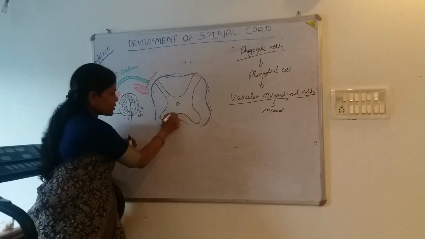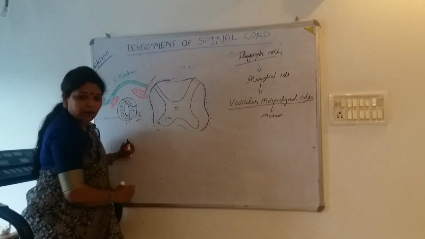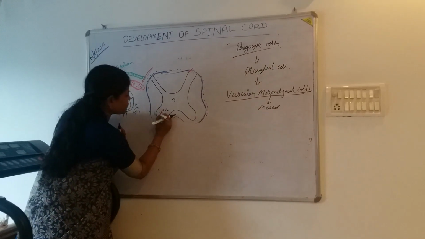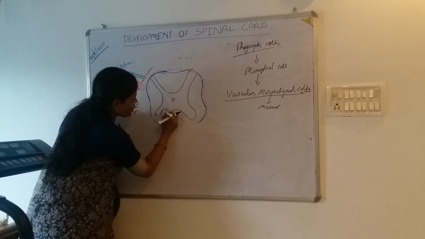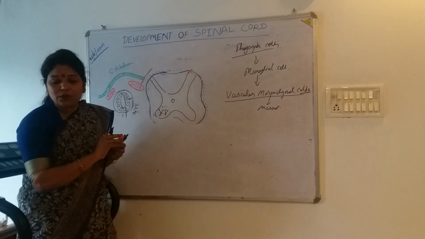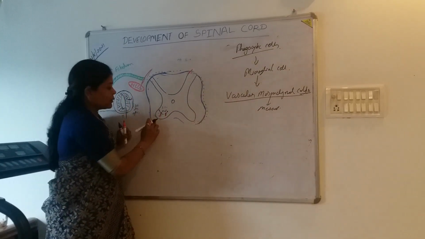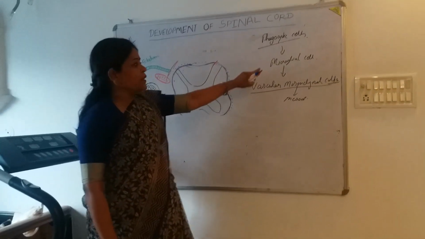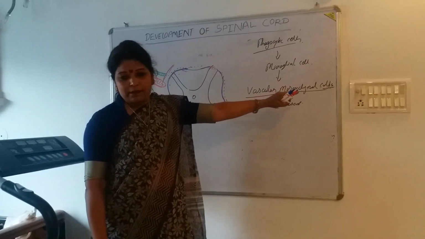Once the neurons are formed, in between the neurons there are invaginations of blood vessels. The vascular mesenchyme infiltrates in between the neurons for nutrition, and through this vascular mesenchyme these microglia cells are derived.